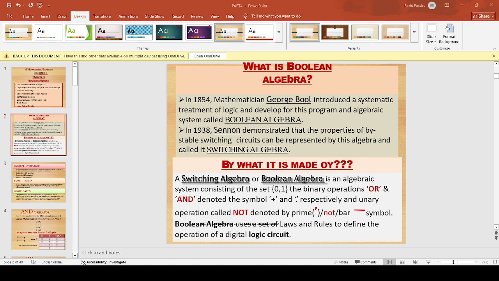So Boolean algebra is an algebraic system which consists of the set 0 and 1, that is the binary operations, OR and AND. OR is represented by plus and AND is denoted by the dot sign, whereas the NOT operator is represented by a bar or a tilde sign or a prime, we say.